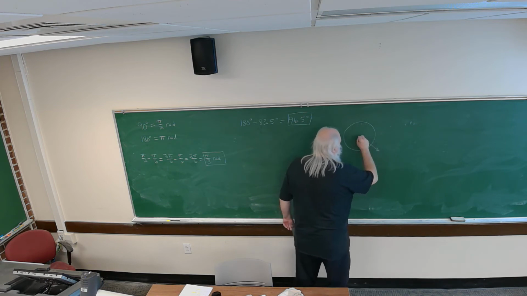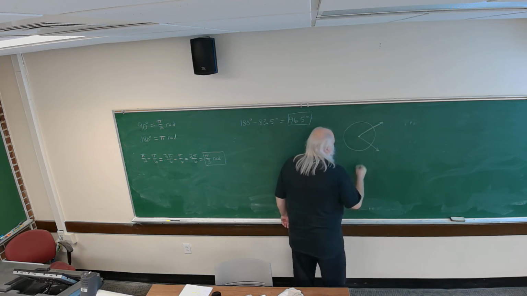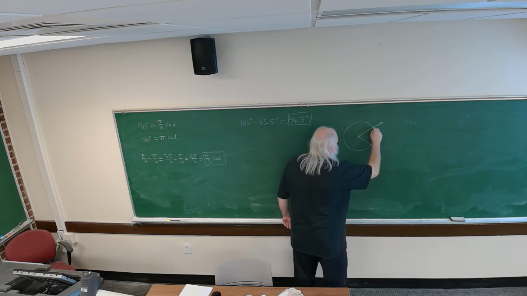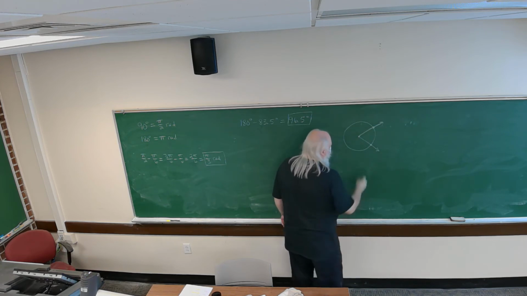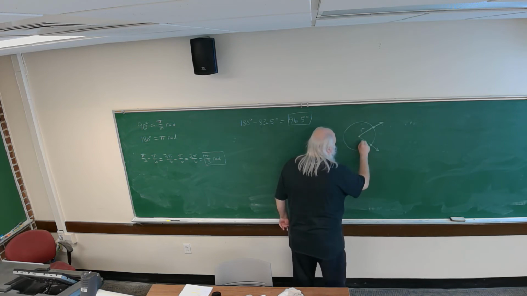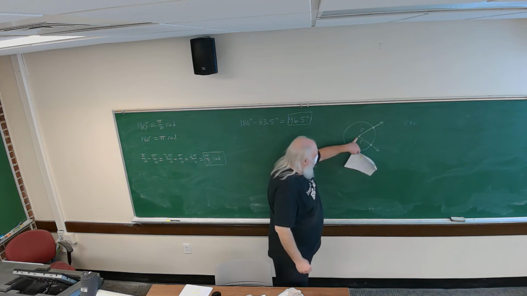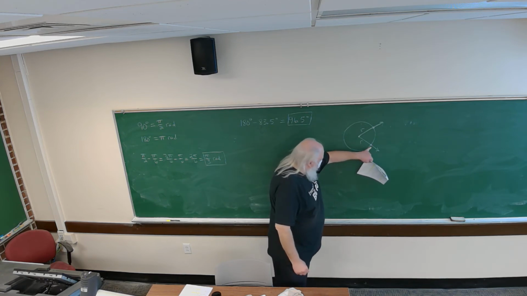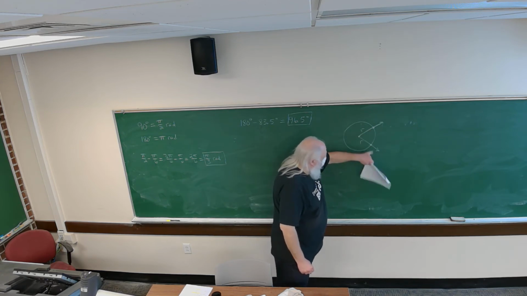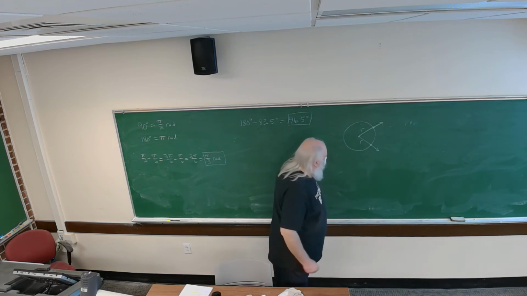Here's my central angle, with the vertex at the center. And the distance from the center of the circle to where each ray crosses the circle is our radius.